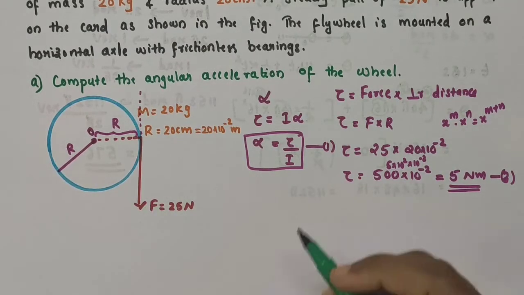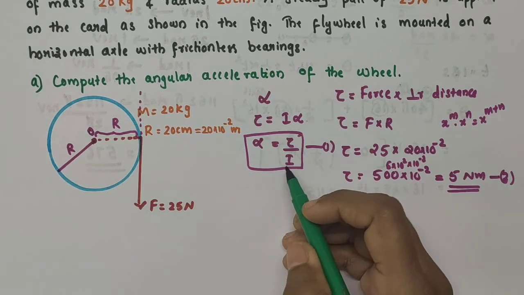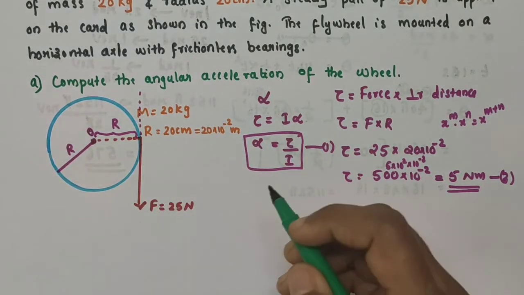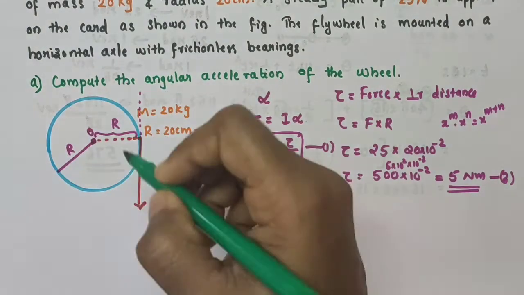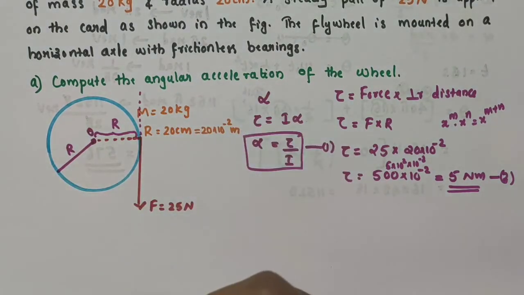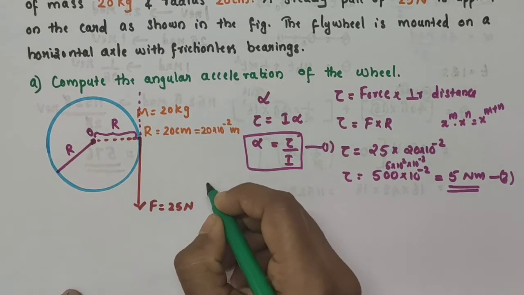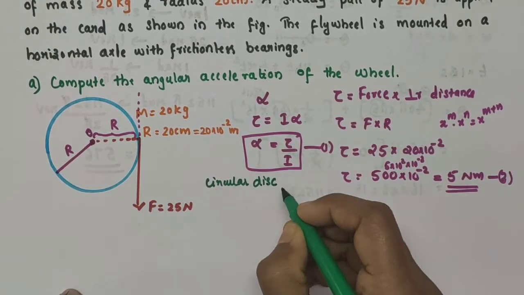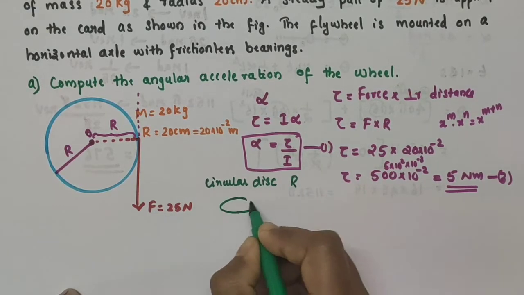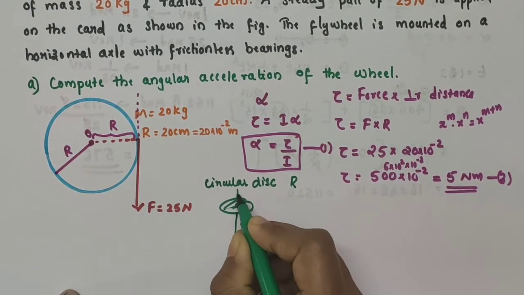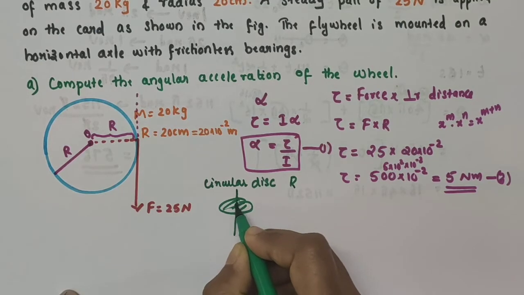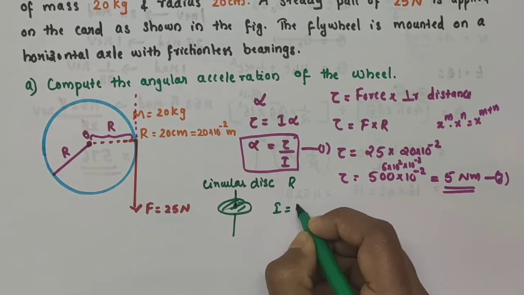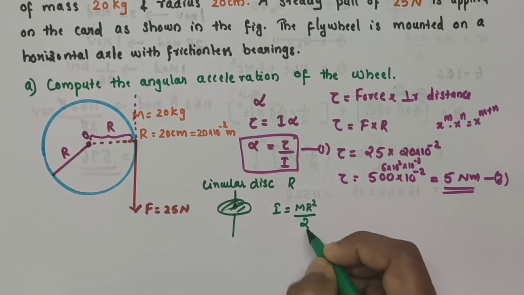Now, we want to know the moment of inertia I of the flywheel about this axis. See, a flywheel is just like a circular disc-shaped object. We know that the moment of inertia of a circular disc of radius capital R about an axis passing through its center and perpendicular to the plane of the disc is I equal to MR square divided by 2.